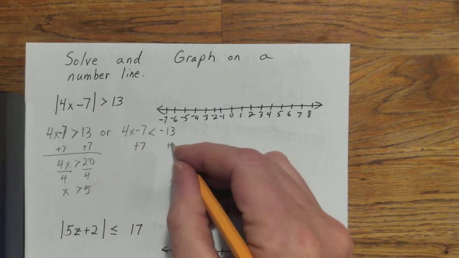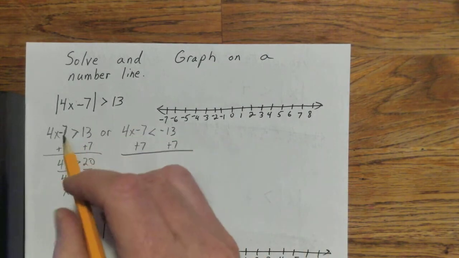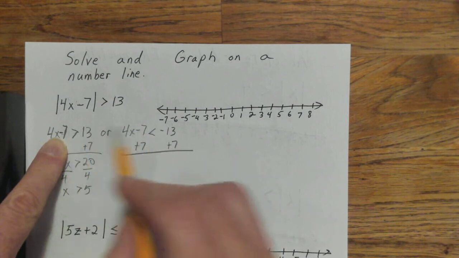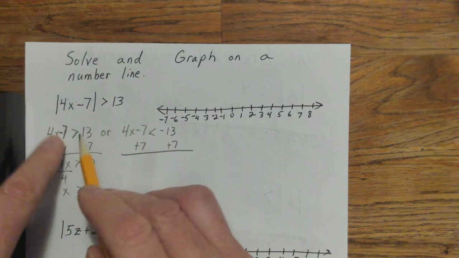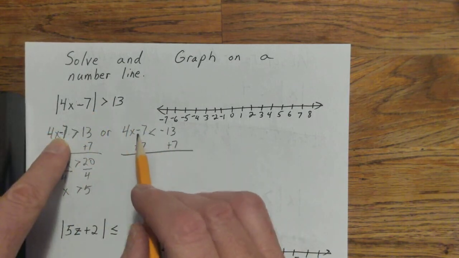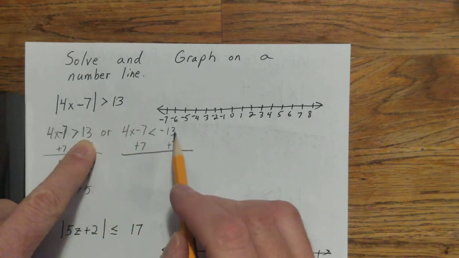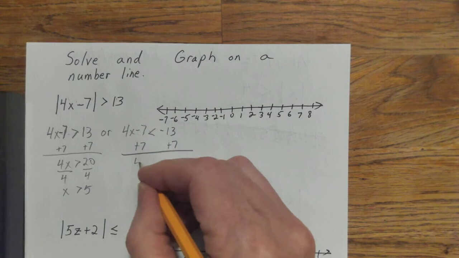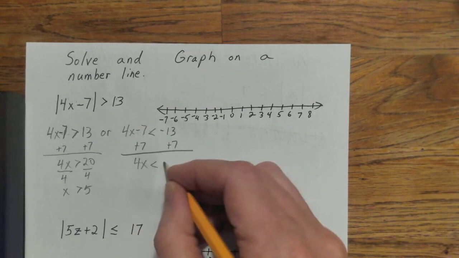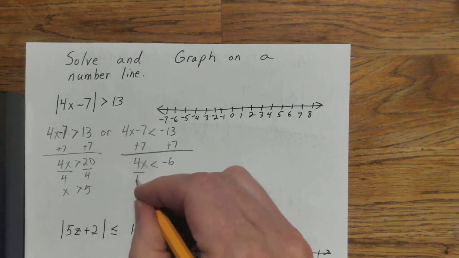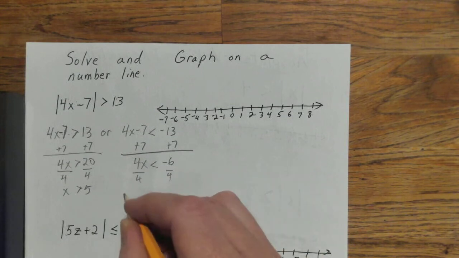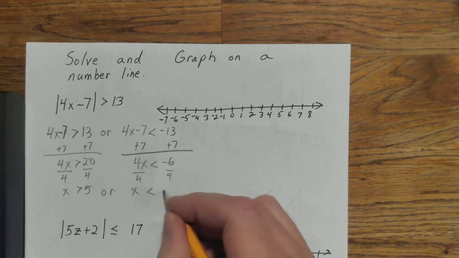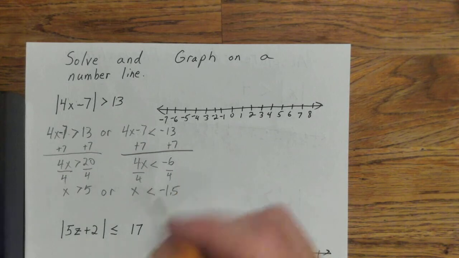And I add 7. I do also want you to notice that I'm not changing this sign in either one of them. That stays. What's in the absolute value stays. What changes is what's outside, what's on the other side of the inequality. So I have 4x is less than negative 6, and I divide by 4, so x is less than negative 1.5.